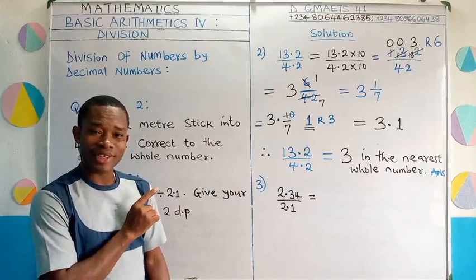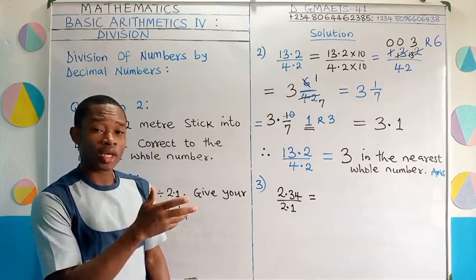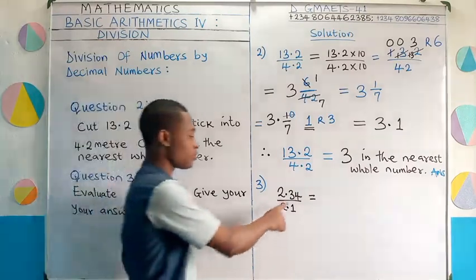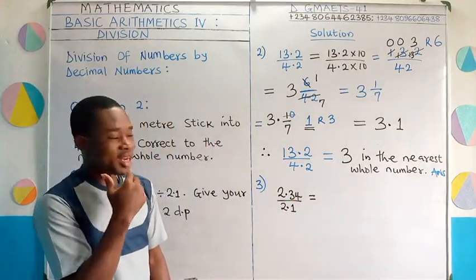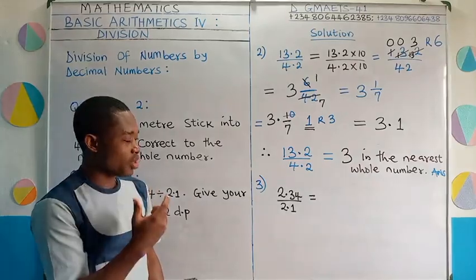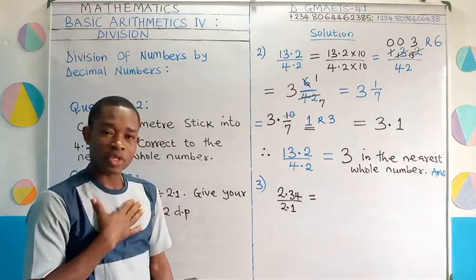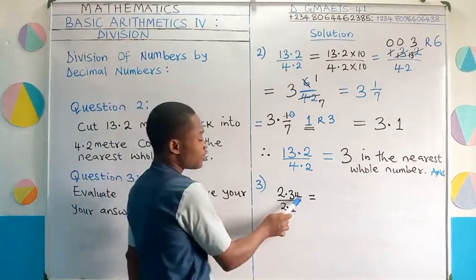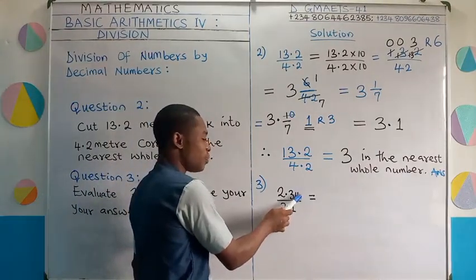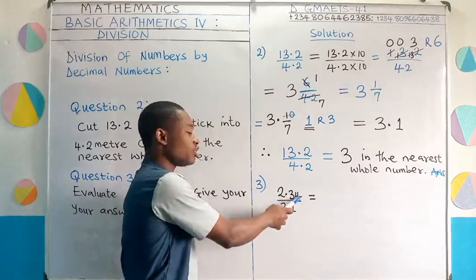The numerator, we have 2.34. There are 2 decimal digits in the numerator. The denominator is just 1 decimal digit. So the one that has the greater decimal digits, which is the numerator, is what I'll use in multiplying the numerator and denominator. If you check, the place value of the last decimal digit there is hundredths.